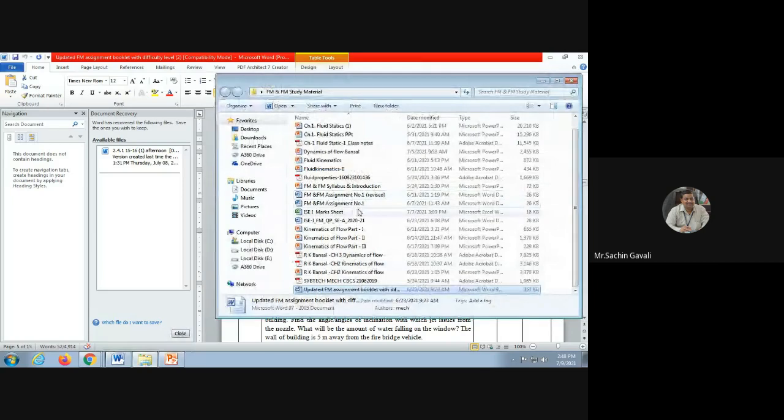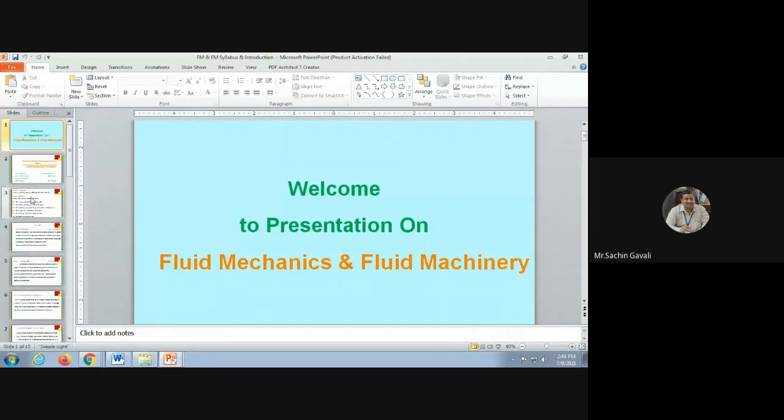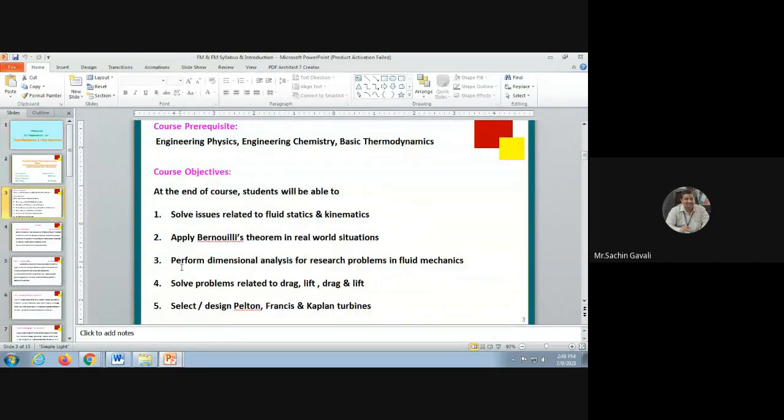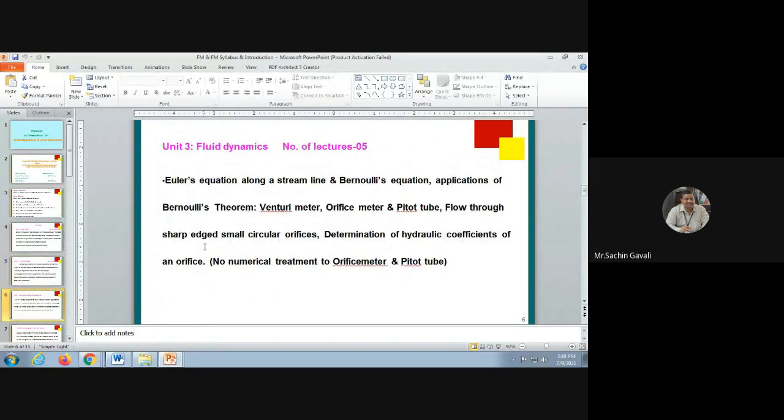As far as our syllabus is concerned, up till now we have completed Euler's equation along a streamline.